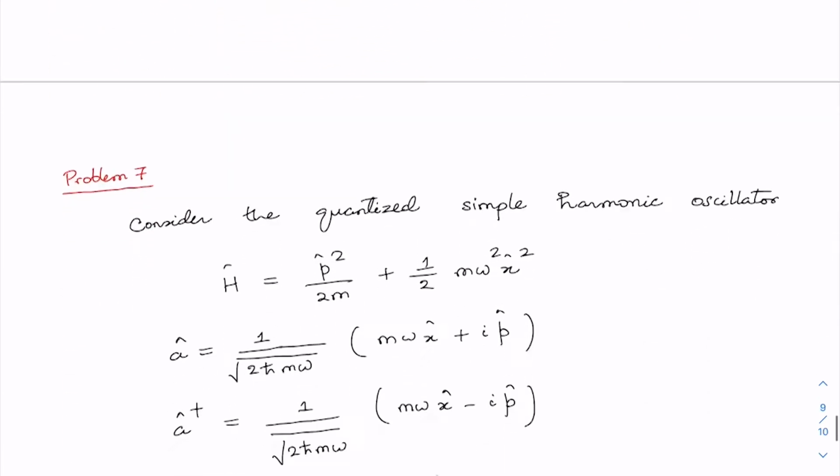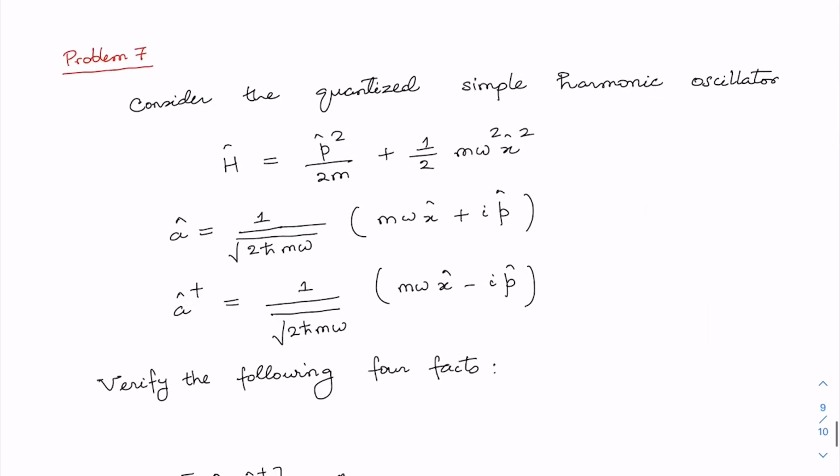Okay, now let us work out this simple problem on harmonic oscillator. Consider the quantized simple harmonic oscillator. The Hamiltonian is given, and the annihilation operator and the creation operator are also given.